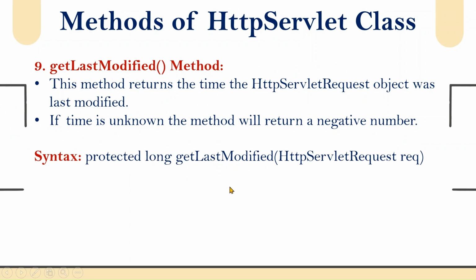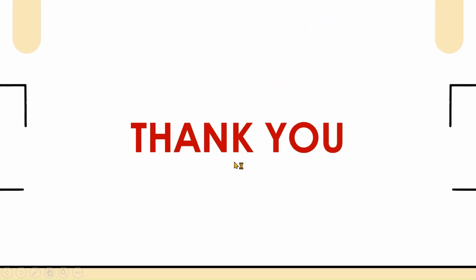It is long because we have a very huge value, so the return type is long, and here we are only working with the HttpServletRequest. So these are a few methods of the HttpServlet class. In my next video, I'll show a demonstration of how to use this HttpServlet class to create an HttpServlet application.